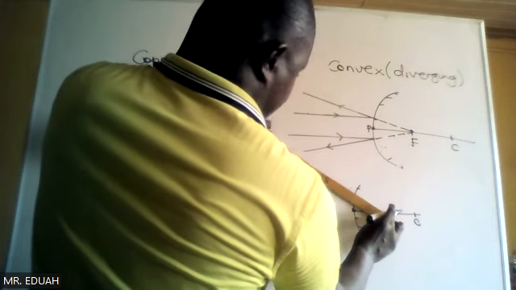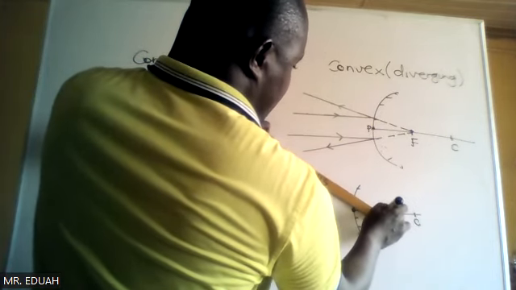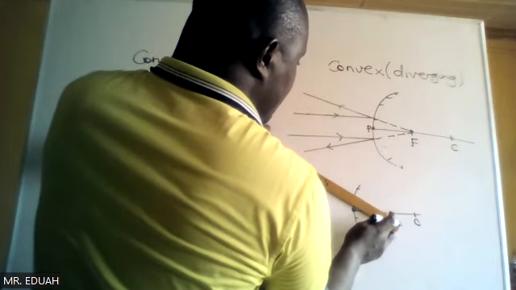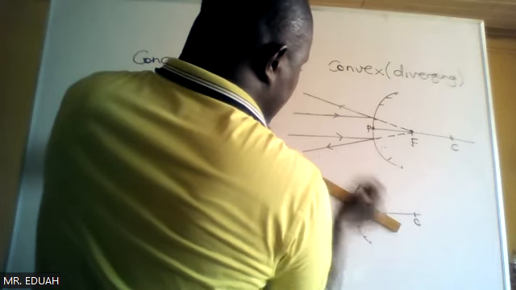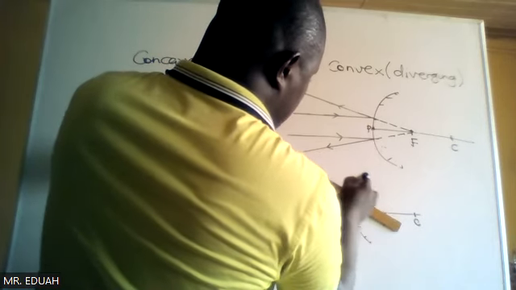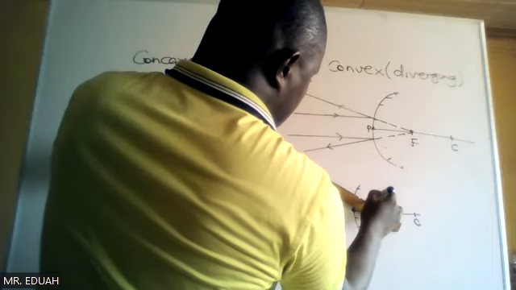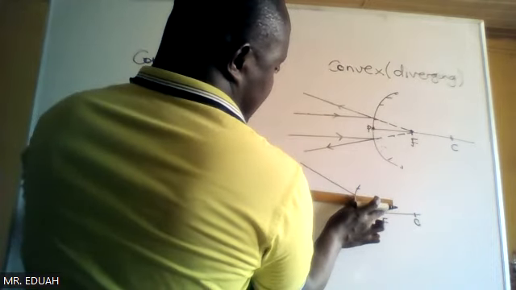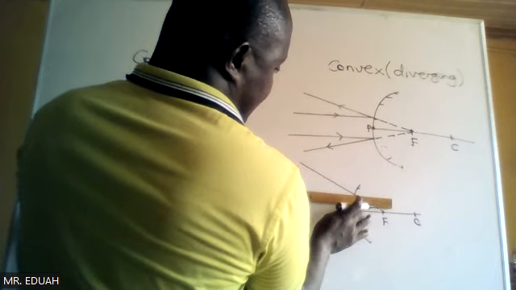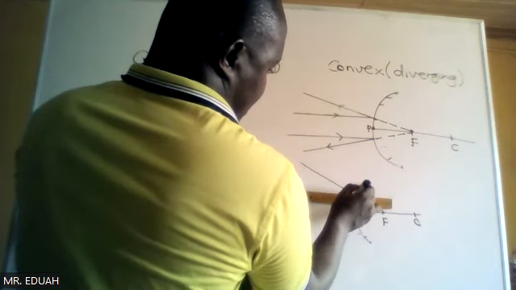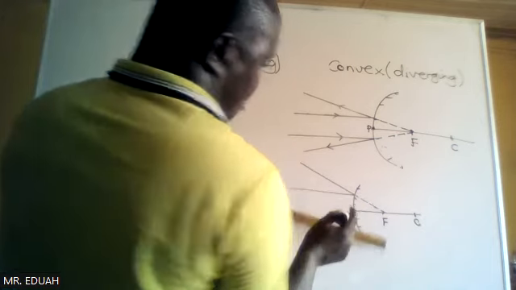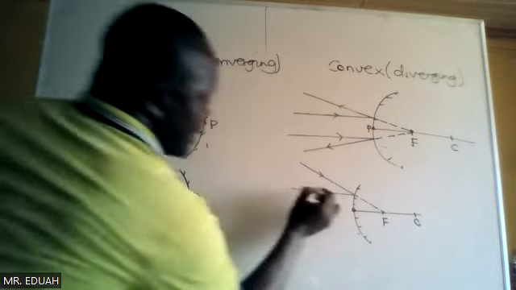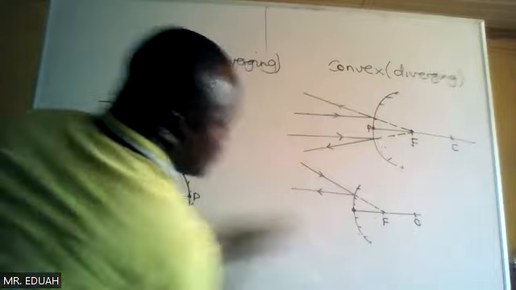So a ray from elsewhere, if it appears to be coming from or passing through the principal focus, then after reflection the reflected ray would have to be parallel to the principal axis.